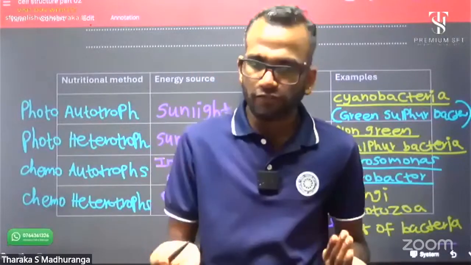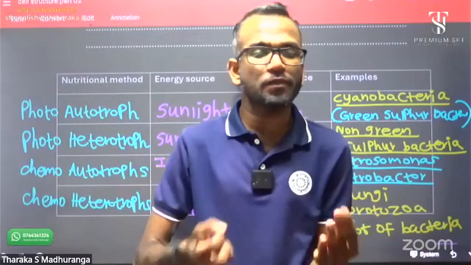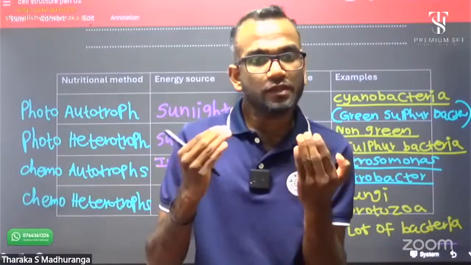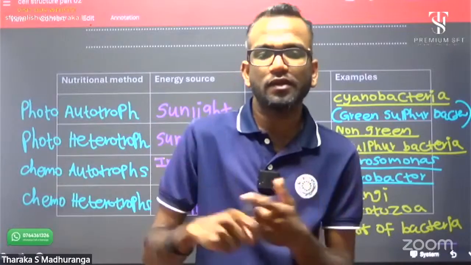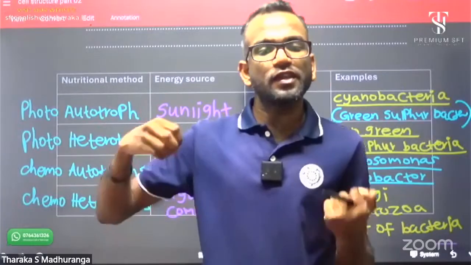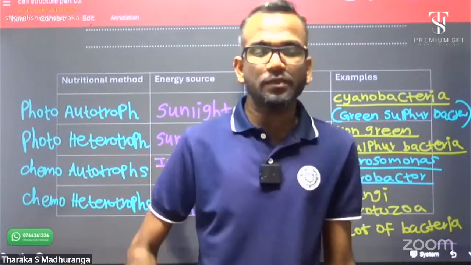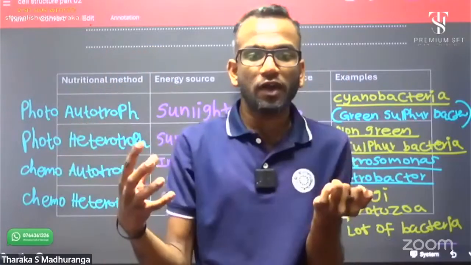Okay, I will summarize what we discussed up to now. First we discussed who the microorganisms are. Microorganisms are organisms with a body size less than 0.1 millimeter that cannot be seen with the naked eye. Microorganisms live everywhere in the ecosystem, in normal environments as well as extreme environments.